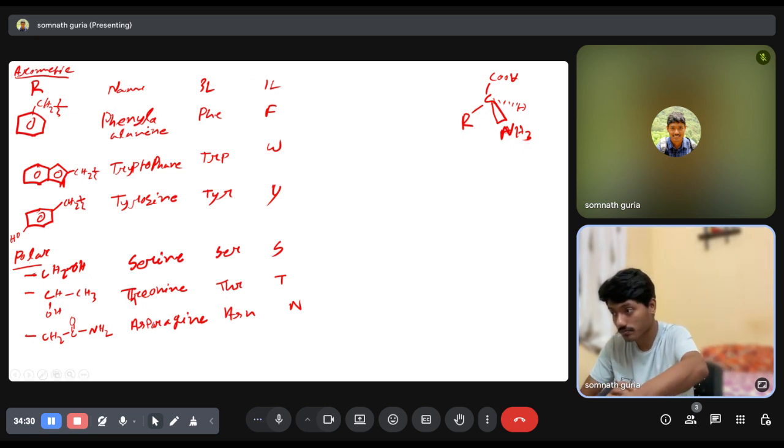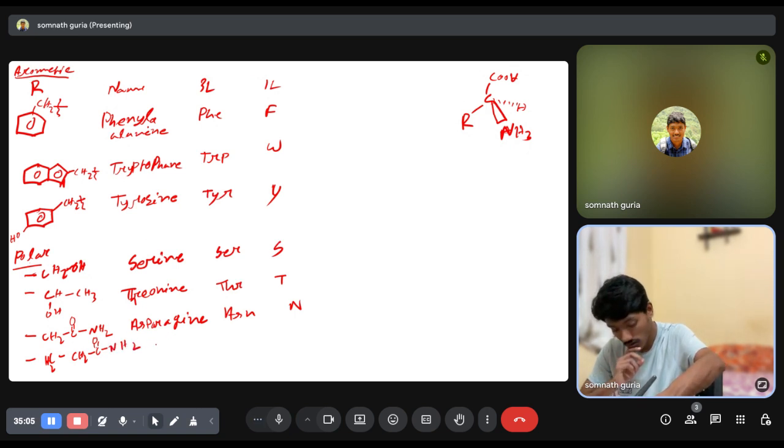Now we have another molecule which has CH2, CH2, and another CH2 over here, and then CONH2.